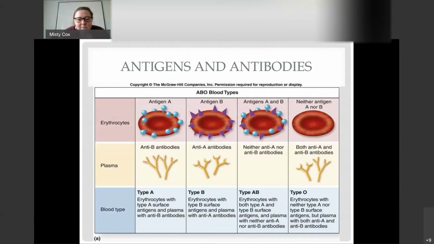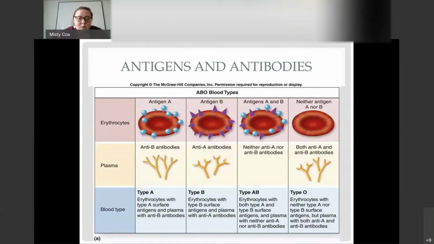Now in type AB blood, you have neither antibody because you have both antigens. If you had either anti-B or anti-A antibodies, it would find its antigen, take that red blood cell to the immune system and destroy it, which again is really bad because our red blood cells are responsible for carrying oxygen. We don't get oxygen to our tissues, those tissues die, it's bad news bears.